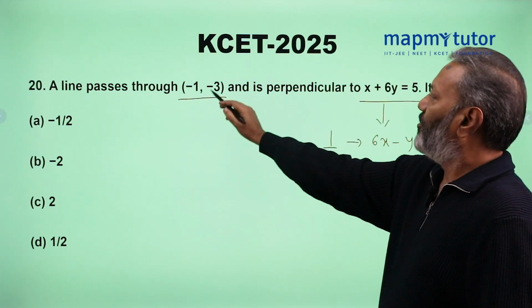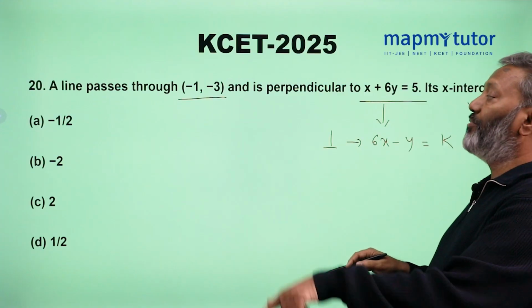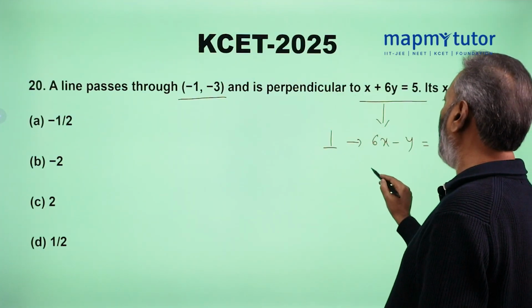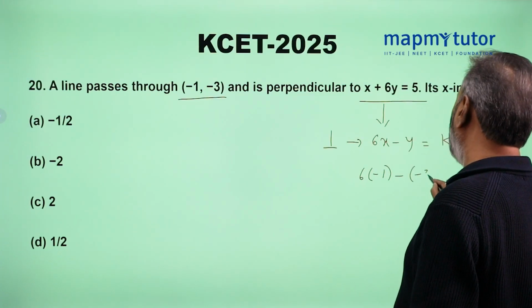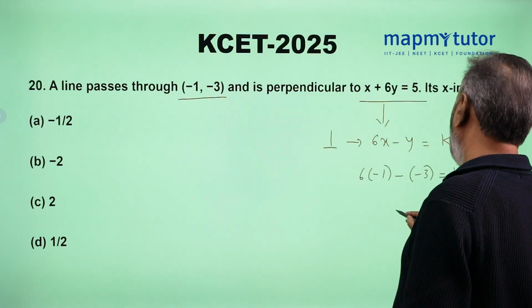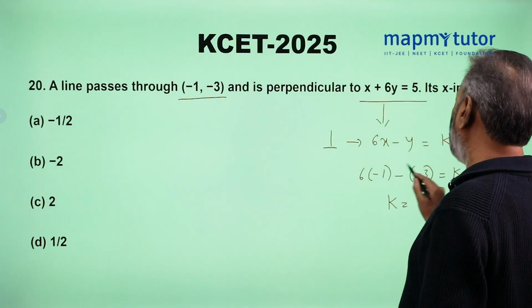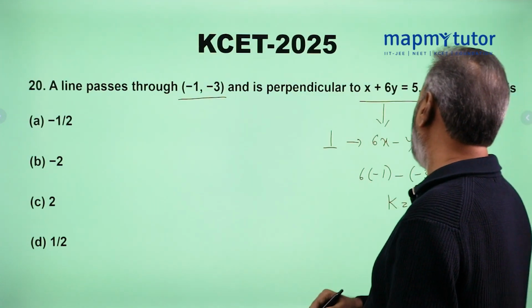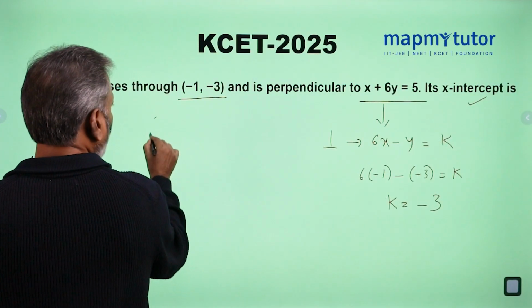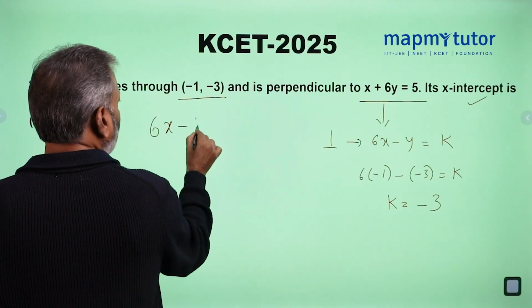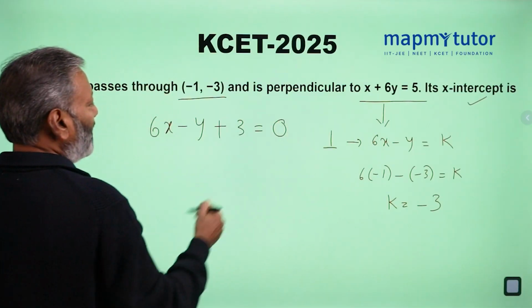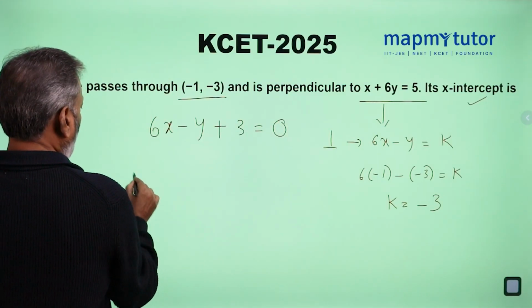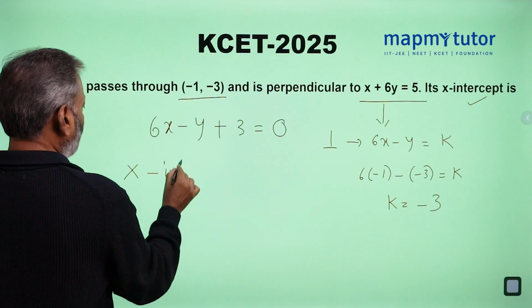Now, I'll put this point, because it is passing through minus 1, minus 3, to find that unknown. 6 into minus 1, minus of minus 3 equal to k. Can you tell me what is k? Minus 6 plus 3, which is minus 3. Therefore, my required line will be 6x minus y plus 3 equal to 0, because k is minus 3. I don't want the equation, I want the intercept.